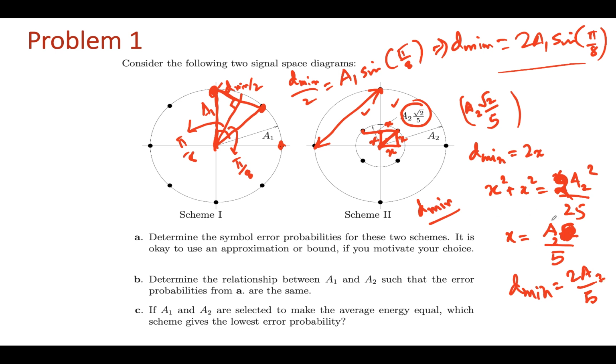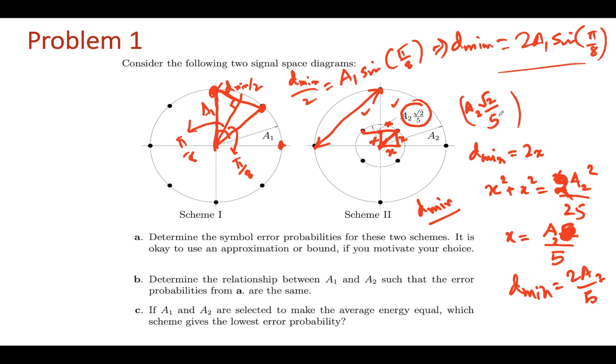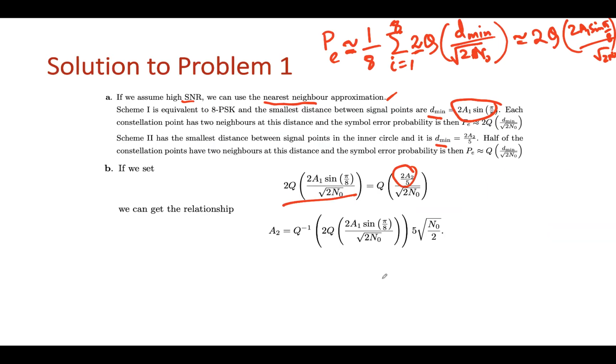Now if you use the same nearest neighbor formula, then in the numerator you will have twice a2 by 5, and in the denominator you have the same noise powers. Those will be the expressions for probability of error for part A. In part B, you are asked to find the relationship between A1 and A2 if these two probabilities are equal. So you equate these two probabilities, and then you can calculate A2 as a function of A1.